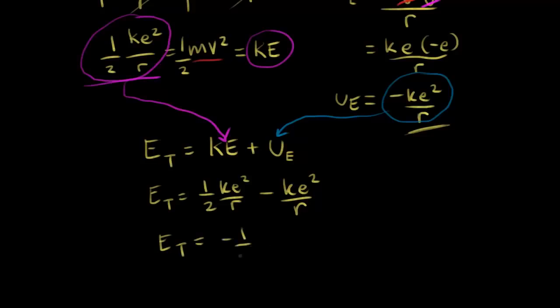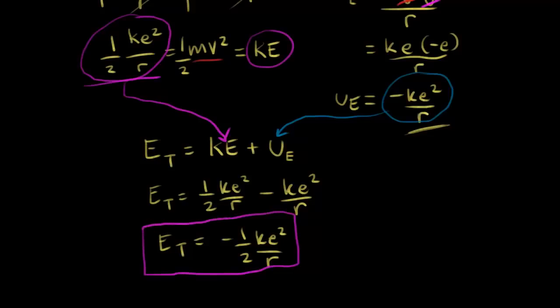So negative 1/2 Ke squared over R is our expression for the total energy. This is the total energy associated with our electron.